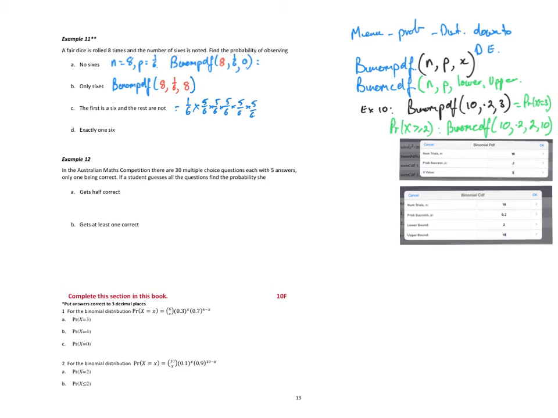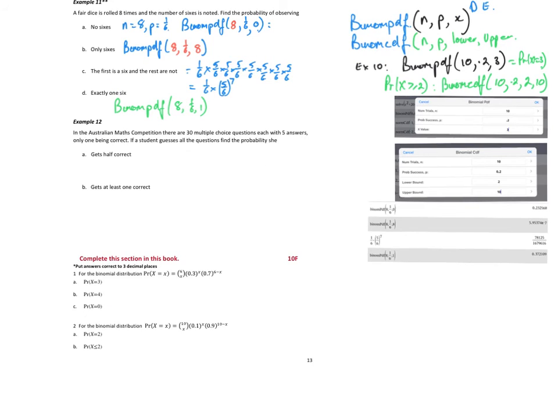We're going to do that 7 times, aren't we? 1, 2, 3, 4, 5, 6, 7, which if you like is 1/6 times 5/6 to the 7th. And if I get exactly one 6, I'm going to use binomial PDF, 8 trials, 1/6 success, 1. All right, so let's put a screenshot of all those in. Hopefully you can see just here over on the right, the key statements that we had to type in to get the relative answers that we needed, okay?